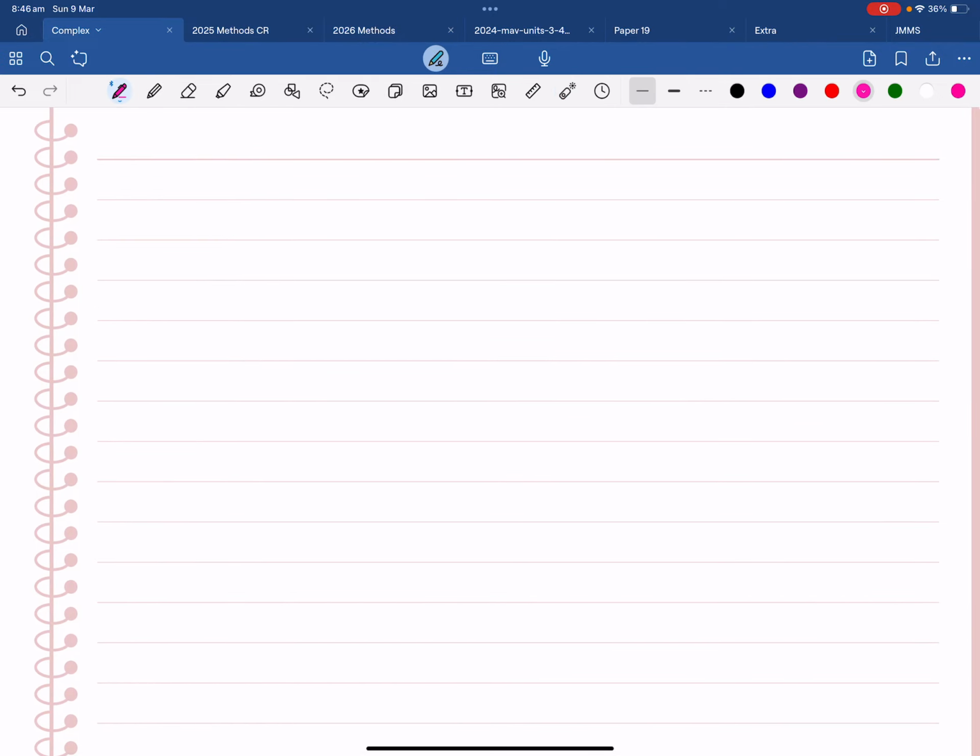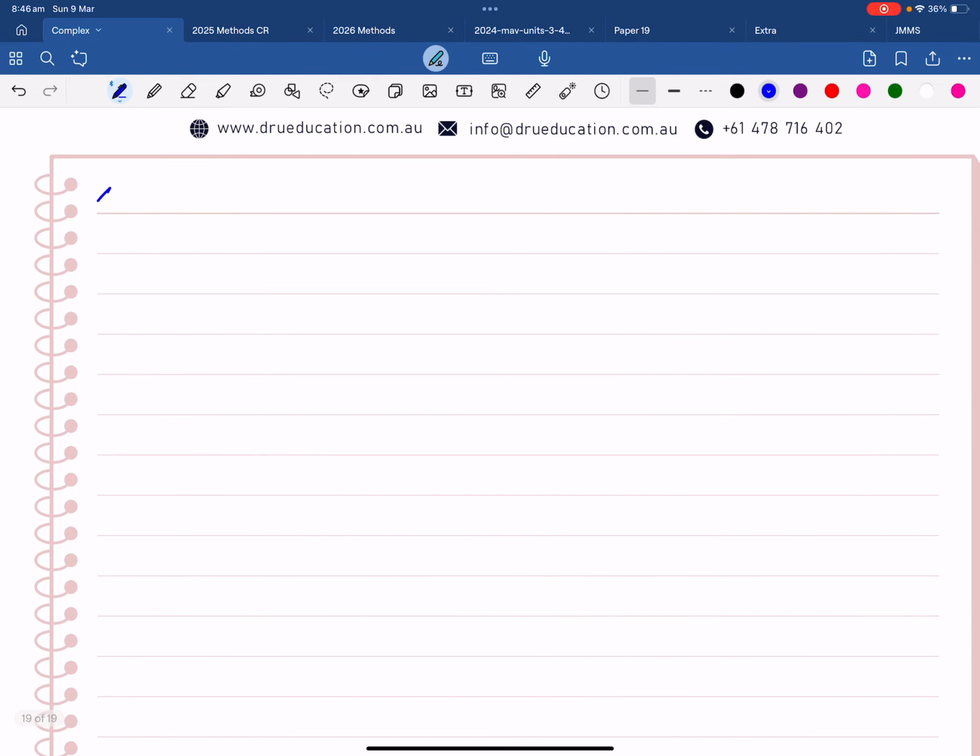Okay, so now we'll do a question. Sketch, let's see, |z − 2 − i| = 1 in an Argand diagram. Now you don't have to solve it or simplify it, because you understand z − 2 means in the real axis it goes 2 to the right.